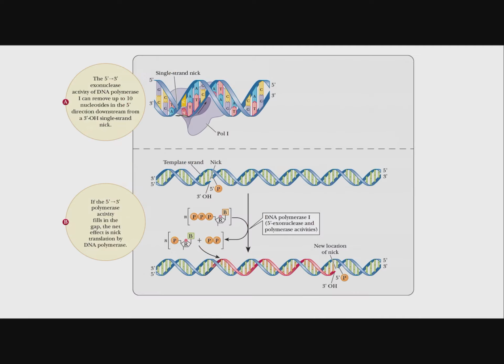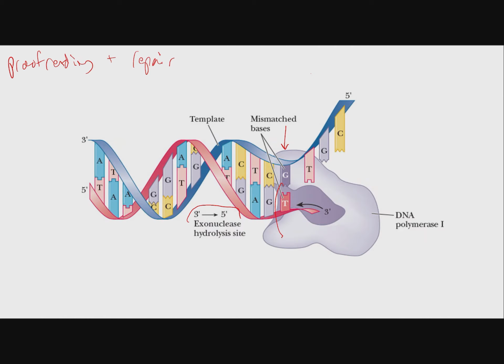Now, we have two different types. Actually, I think we only have one type. It's called nick translation that we're going to talk about. Now, this is a cut and patch process catalyzed by polymerase 1. It takes place during replication.